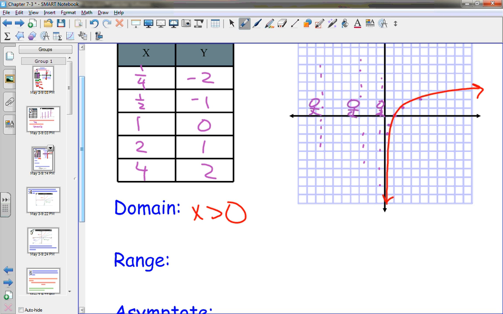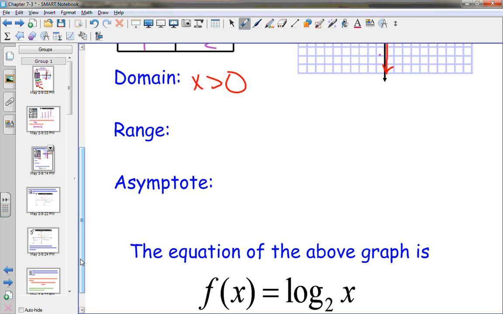Can it be 0? Why can it not be 0, Maddie? Because what's happening down here? It never touches. It gets really close to it, but it never crosses, which means I have an asymptote there. And what is the equation of the asymptote?